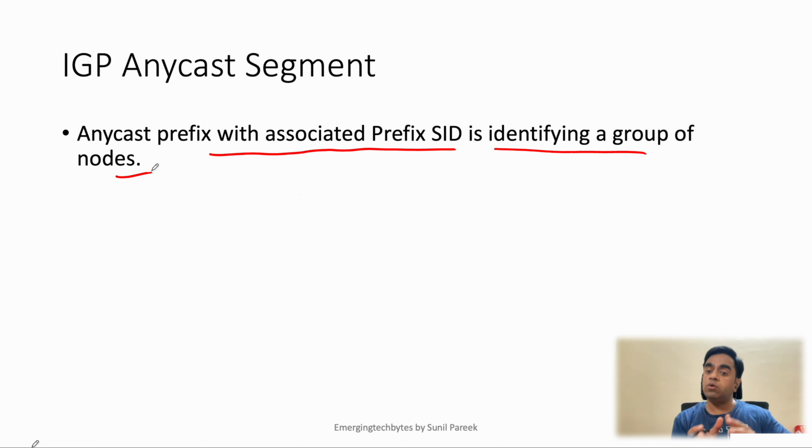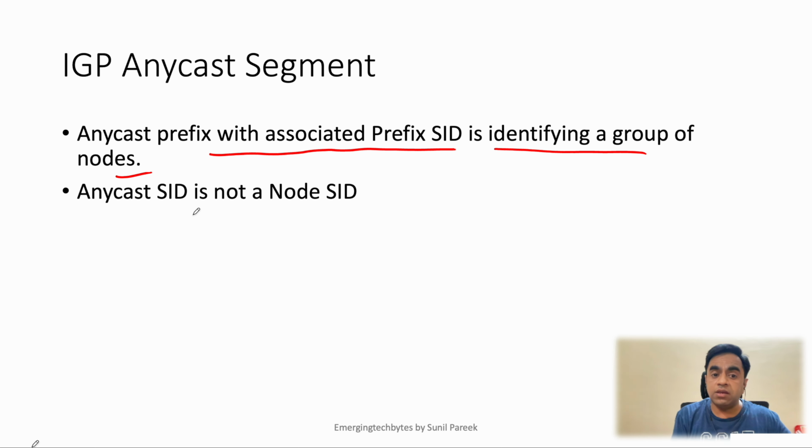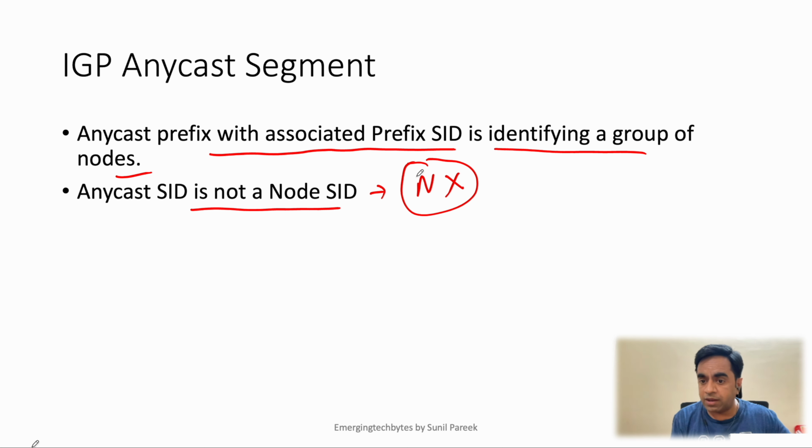And as these are a group of nodes, not a specific node, that means an anycast SID is not a node SID. What does that mean? From the control plane perspective, the N flag will not be set. I will talk about this control plane difference in some upcoming video for sure, so stay tuned for that.